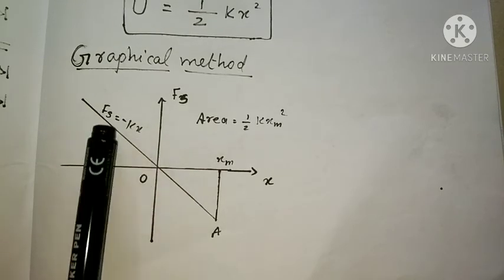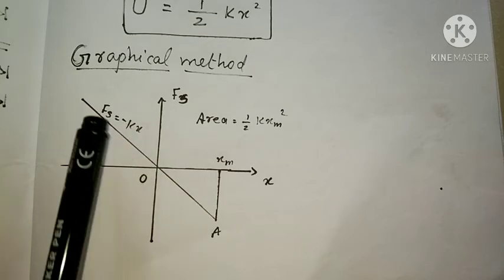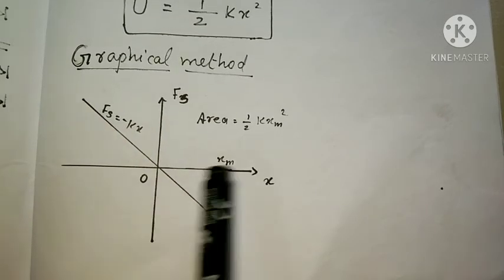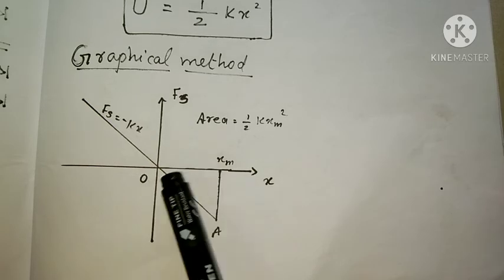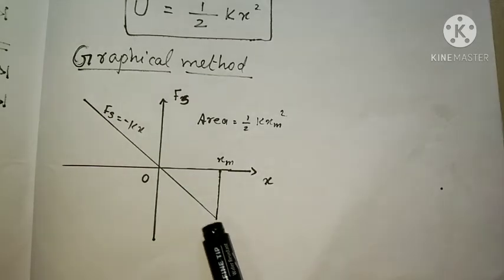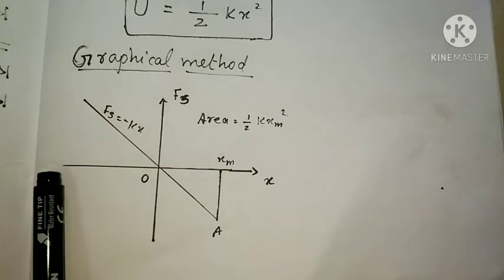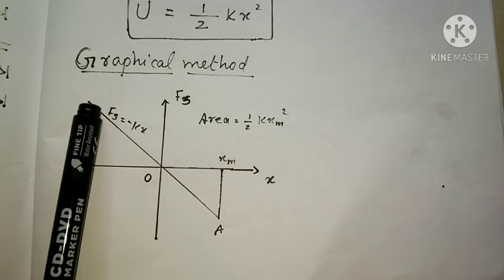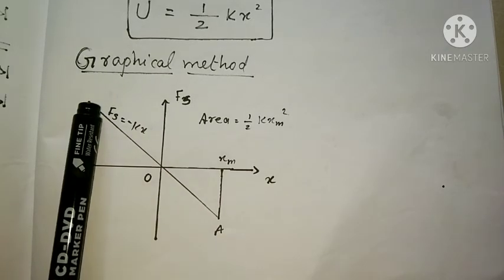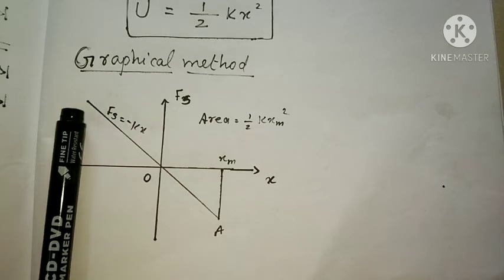So here, xm positive gives Fs negative, and xm negative gives Fs positive. Fs and xm are opposite to each other.